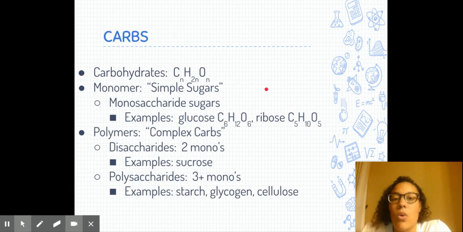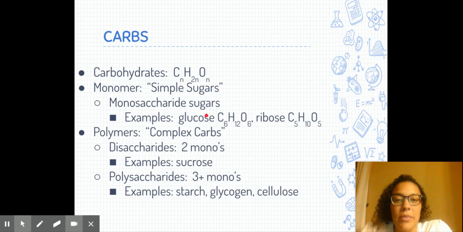So as I talked about in the previous lesson, monomers are building blocks for our polymers or our big macromolecules. So the monomer or the building block to carbohydrates are known as simple sugars, aka monosaccharides. So one sugar for monosaccharide.